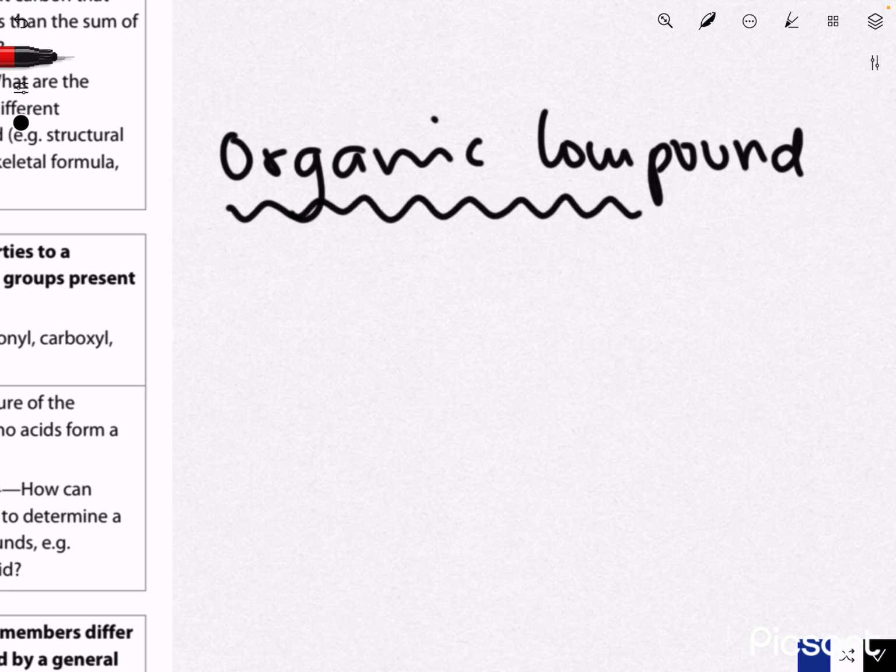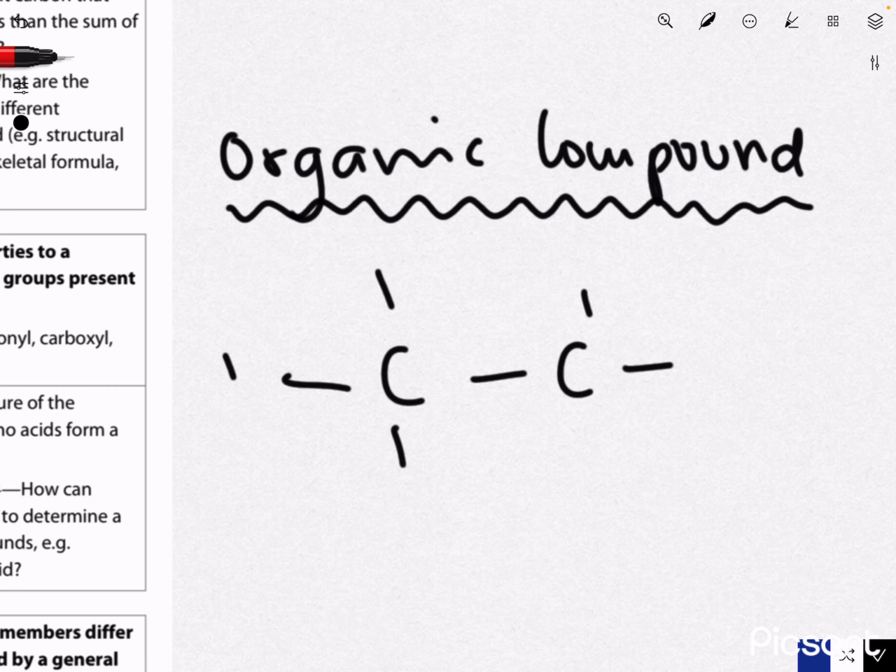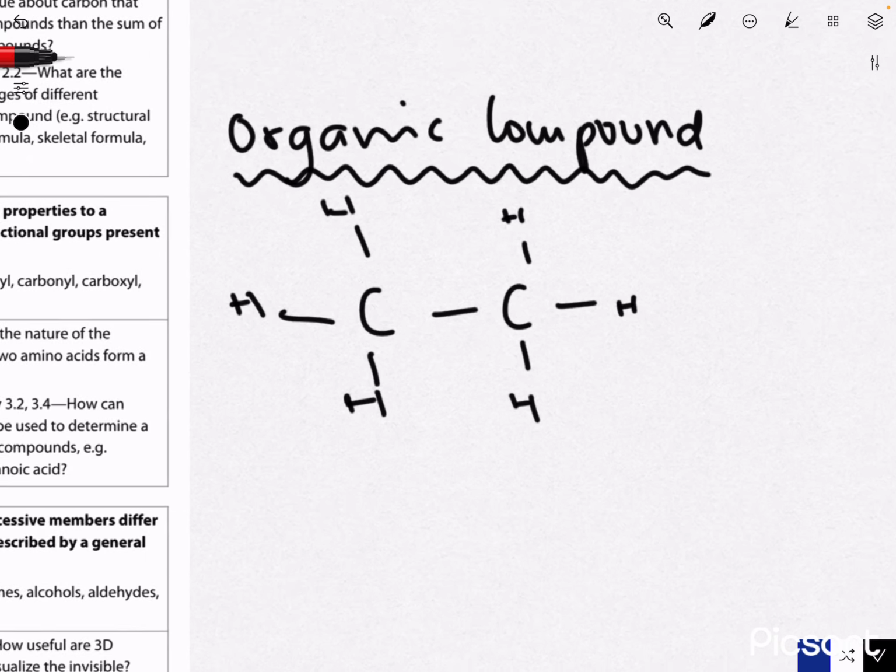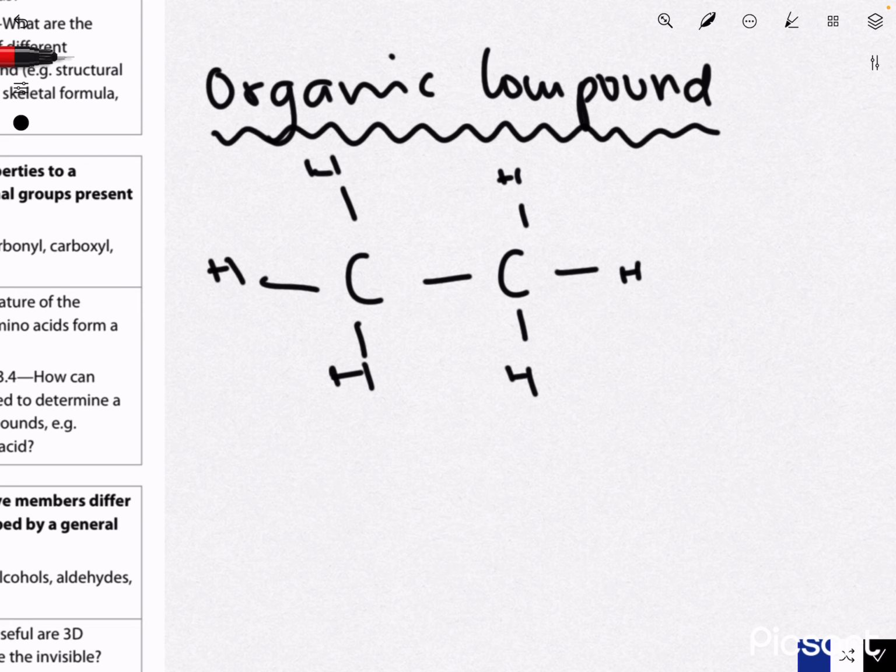An organic compound will often look a little something like this. So this here would be ethane.